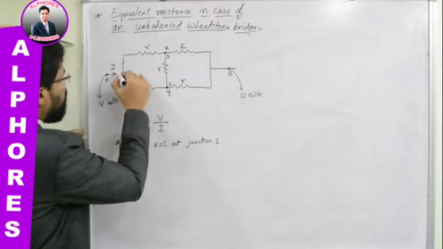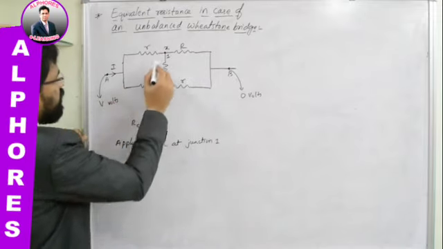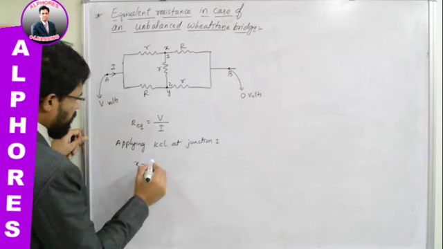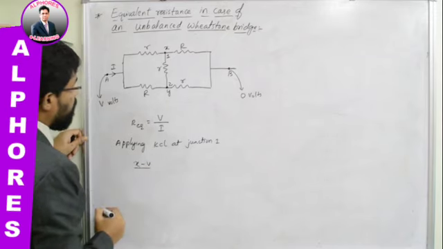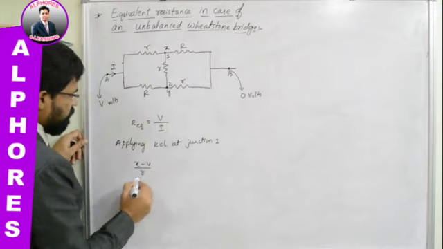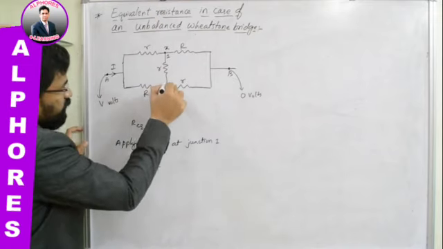What is the potential difference between A and this point? Here the potential is V volts, here the potential is X. So the potential difference can be written as X minus V, by the resistance between these two points, R.